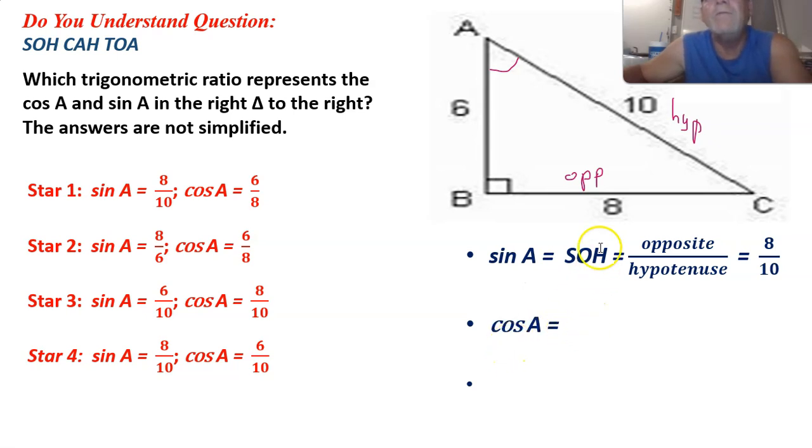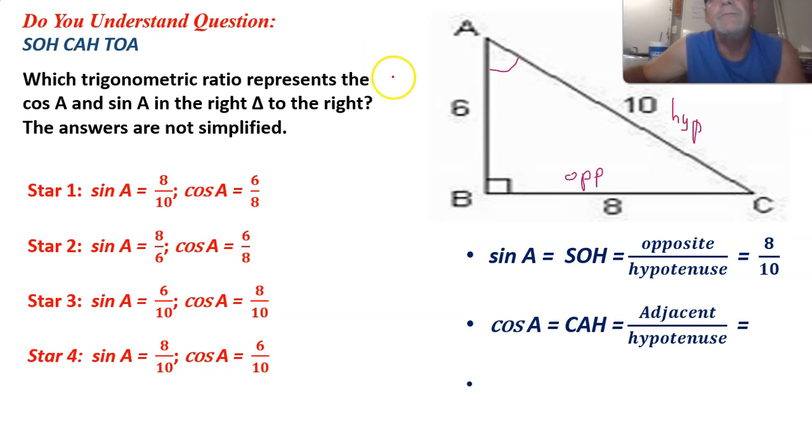And the cosine of A would be CAH, which is adjacent over hypotenuse. And this is the adjacent right here.